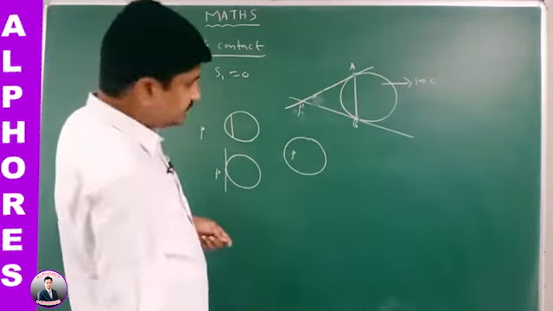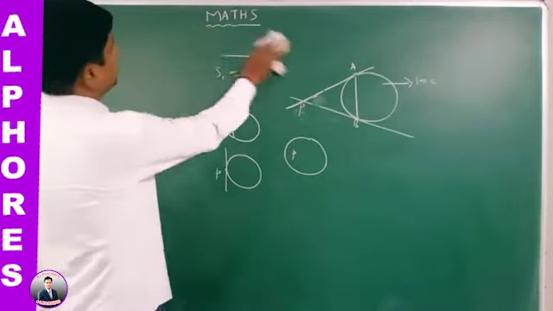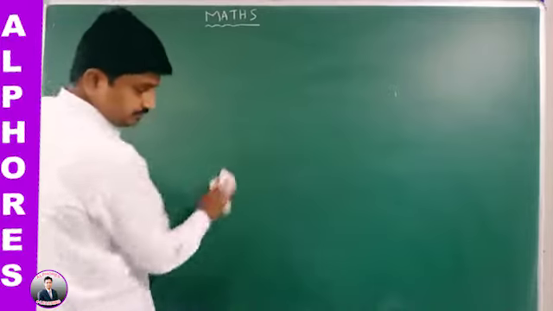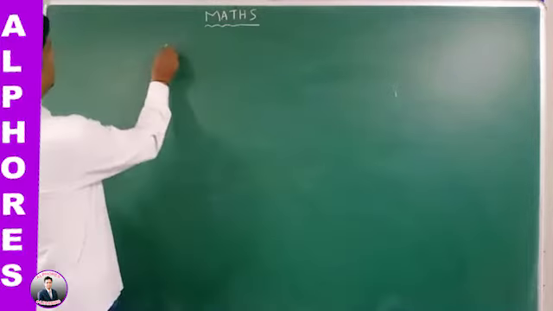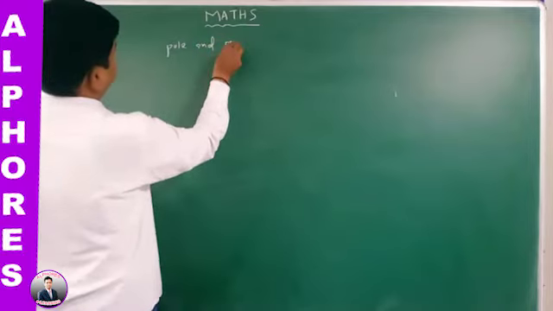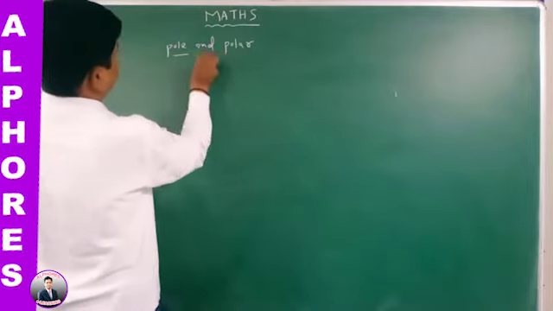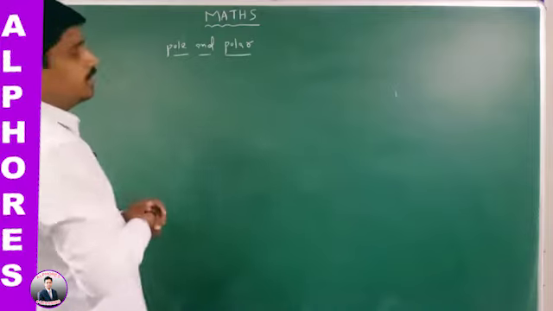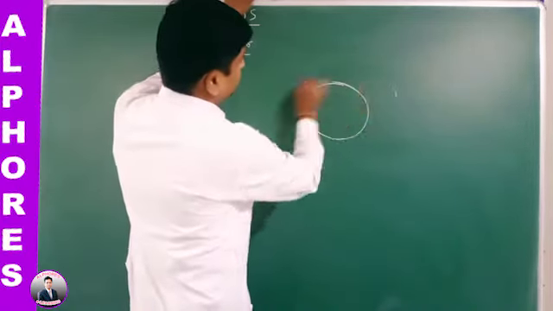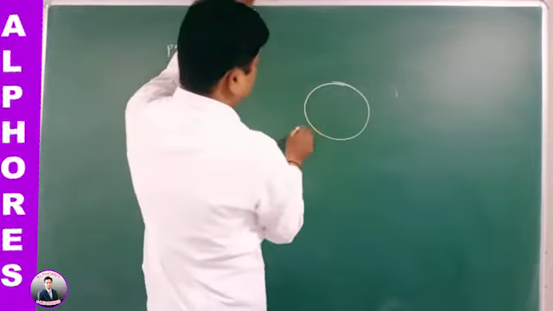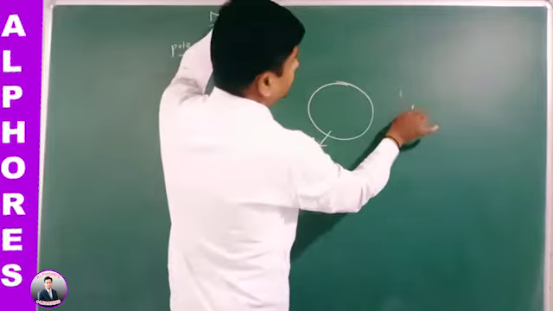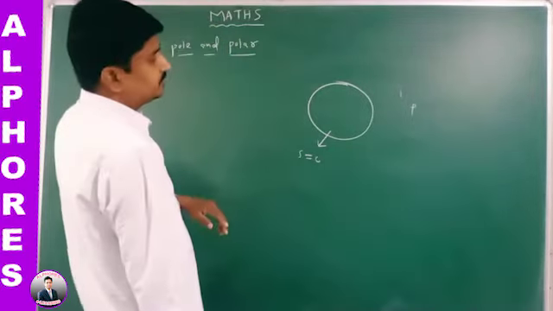Okay, next, pole and polar. Here S equal to 0 is a circle. P is any point in the plane.